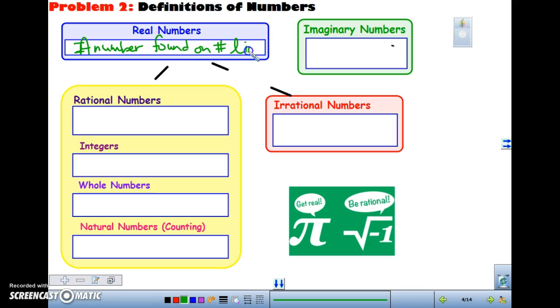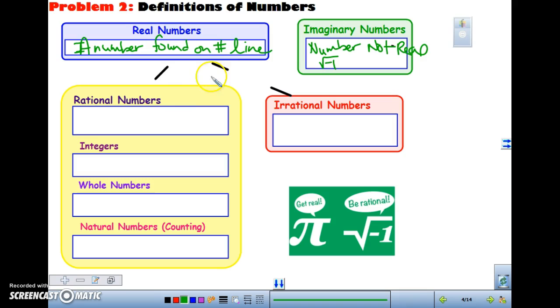I know this is hashtag, but it also is a symbol for number, so number line. I'm using a little shorthand here. Imaginary is a number that is not real. What do I mean that it is not real? It might be the square root of a negative number, like negative 1.